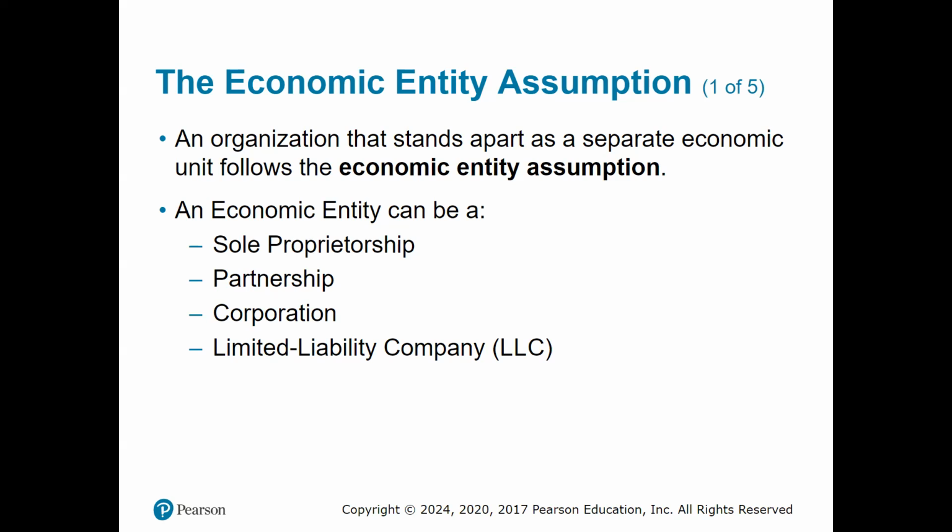One thing that's more complex than a sole proprietorship: sole proprietors file their taxes on their individual tax return because there's no real legal separation between you and the business. There's a form, Schedule C, that you fill out for that. A partnership, because there's more than one person involved, you can't just put it on your tax return. You have to file a partnership tax return in order to report that.